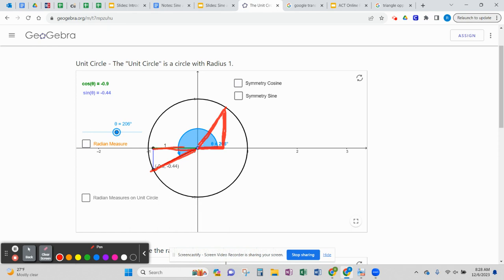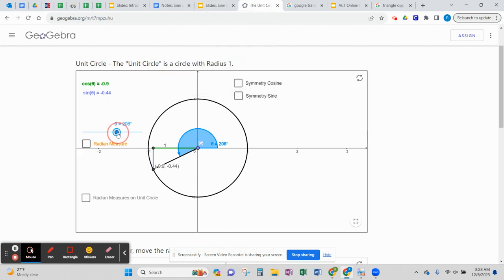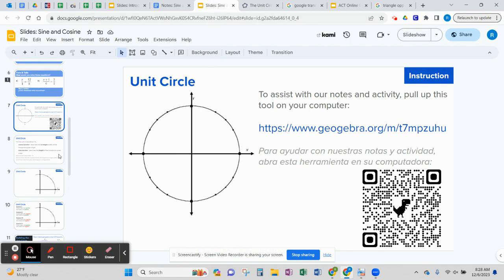We have some triangle width, and we have some triangle height that flips over. When we're talking about sine and cosine, when we're talking about trigonometry, we're talking about this relationship between triangles and circles. So let me throw this back over here, and let's go to our notes.